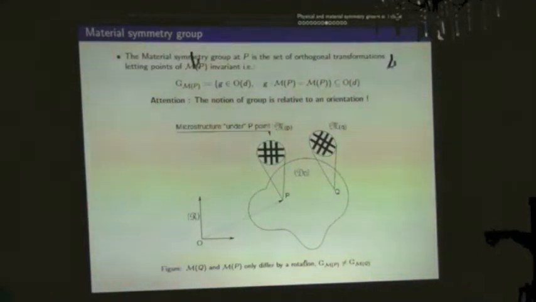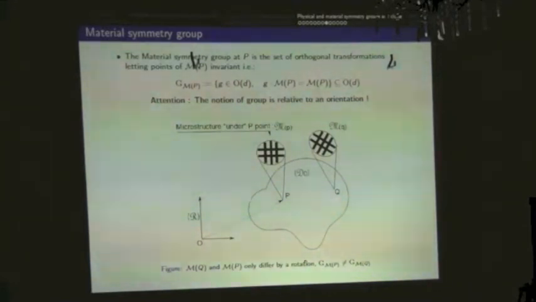If your material is heterogeneous, over each point of your manifold in your domain, you will have as an information the symmetry group of the matter. And this symmetry group that lives over any point of your domain may change. For general heterogeneous material, there is no specific notion of continuity between one group on one point and one group on another point.